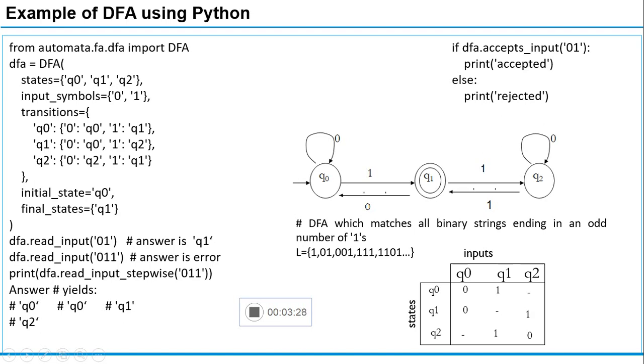Then we can also define this with the help of control statements, if and else. In that case, we can use accepts_input. If it is an input that is accepted, we just print accepted. If it is not accepted, it will tell me rejected.